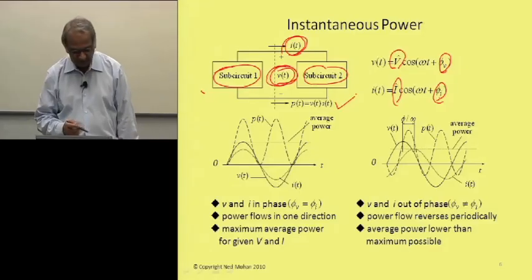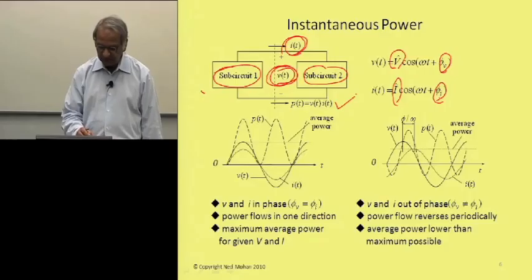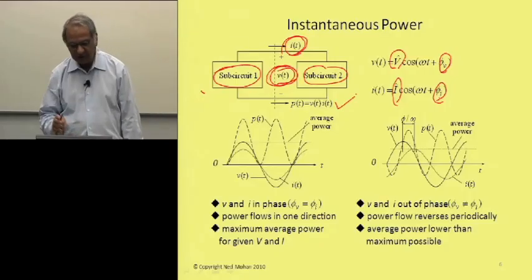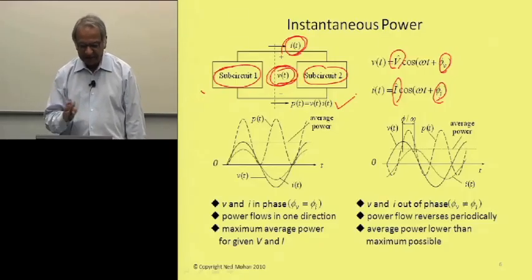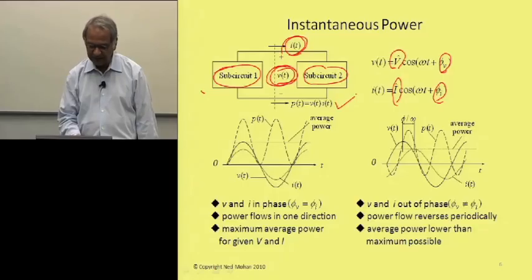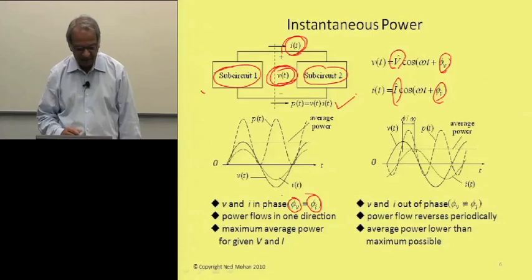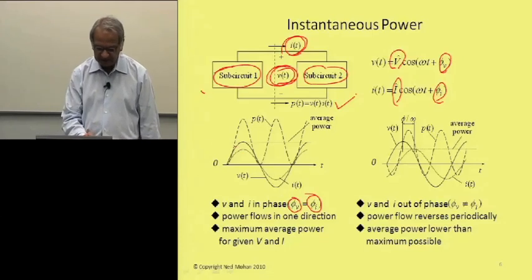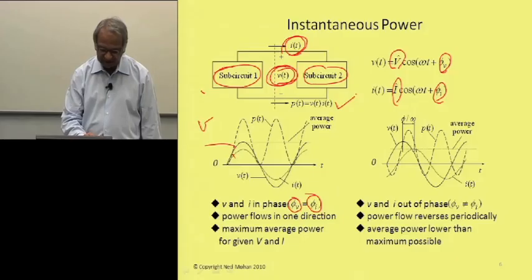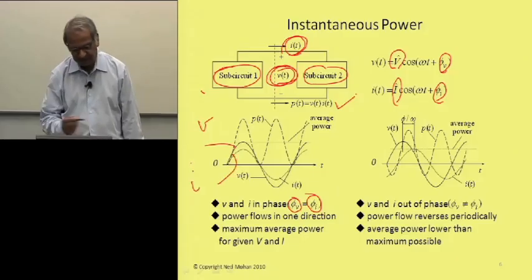So let's take a case where the voltage and current are both in phase. What that means is the angle associated with the voltage is the same as the angle associated with the current. You can see that this solid line here is the plot for the voltage, and this is the plot for the current. They are in phase.